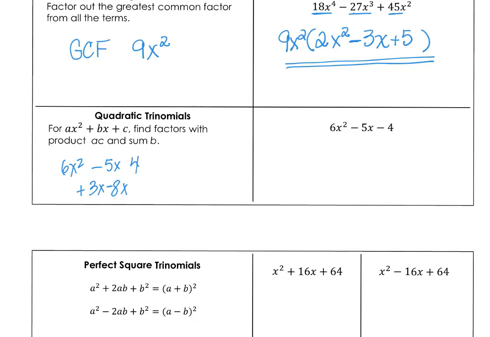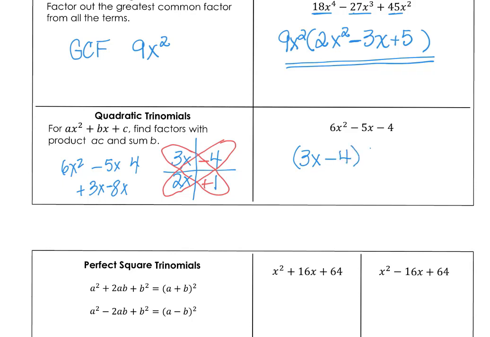I can make the 8 negative and the 3 positive if we made 4 times 2 on this diagonal a negative, and 3 times 1 on this diagonal a positive. So that gives me the clue to factoring in some organized method. I need 3x minus 4 and 2x plus 1. So I prefer that method.